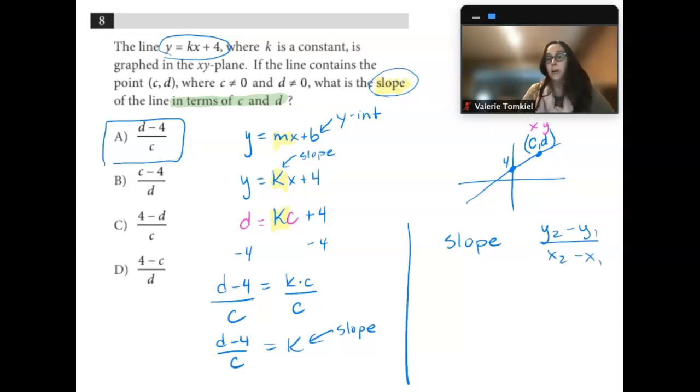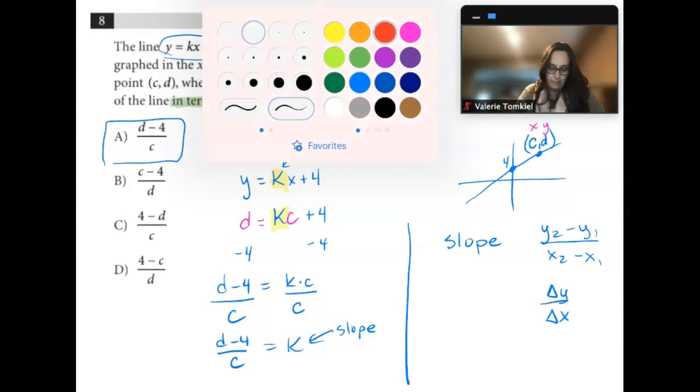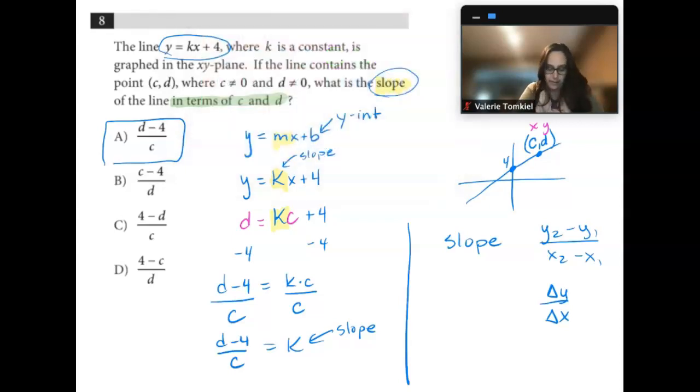You could think about the change in the variables, change in y over change in x, or rise over run even. I'm going to take one of those options and find the slope of this line, again using the c and the d.